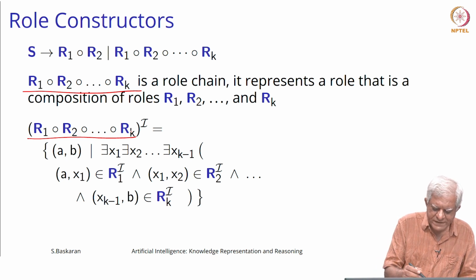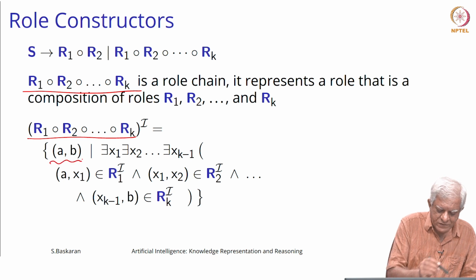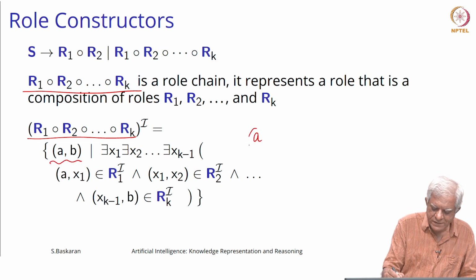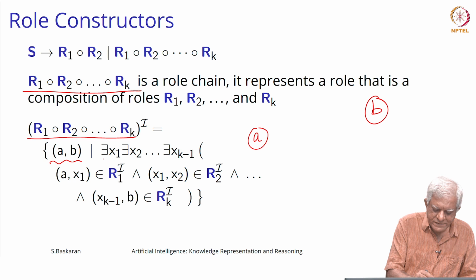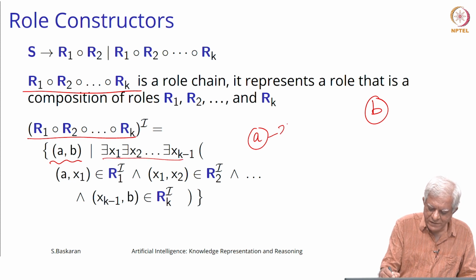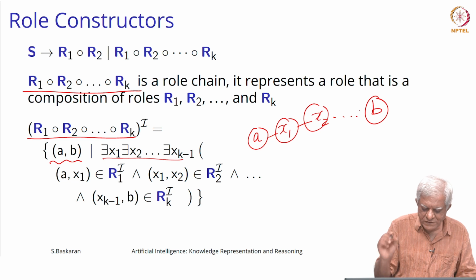The idea is still the same, that you are trying to define a role A to B. So, A is here, B is here, and there exist all these x 1 up to x k minus 1 such that A is related to x 1 and x 1 is related to x 2 and so on eventually till B essentially.